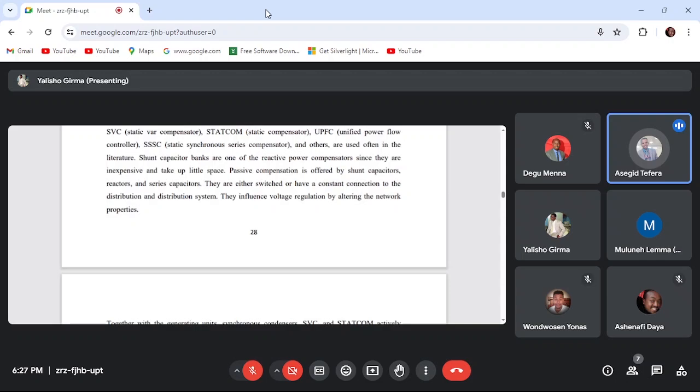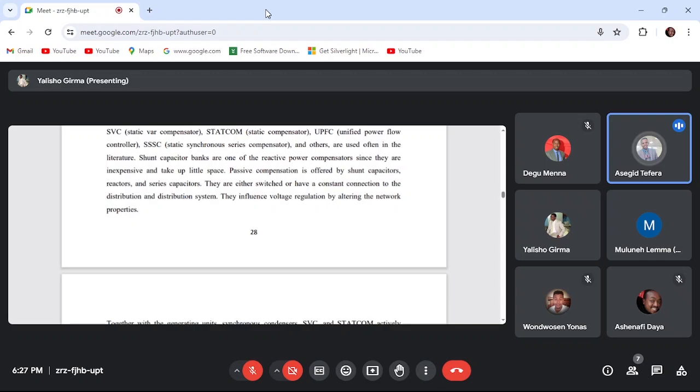That means if the reactive power compensation is raised or updated, then the voltage and the power loss can be improved. By means of this, I use the FACTS device that simply updates the compensated reactive power.